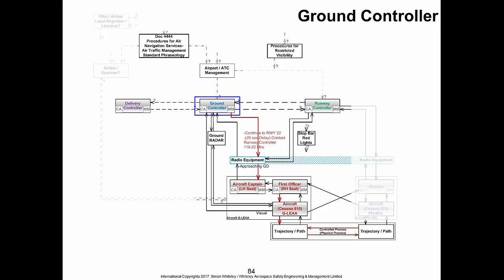Now, we know, because the incident occurred, that this control structure was not sufficient to prevent it. If we look at the security aspects, if we had a ground controller that issued the unsafe control action consciously, how would we be able to tell the difference? And more importantly, how would we have recovered?